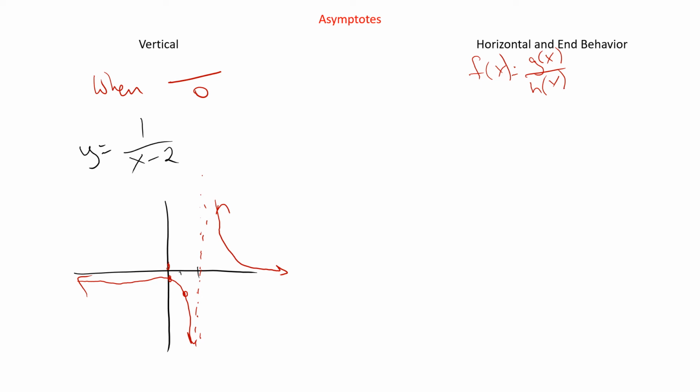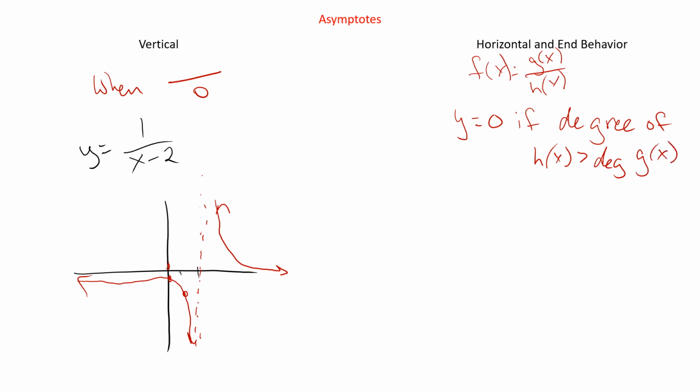So what we're going to see here with our horizontal asymptotes is that we will have a horizontal asymptote at 0 if the degree of h of x is bigger than the degree of g of x.